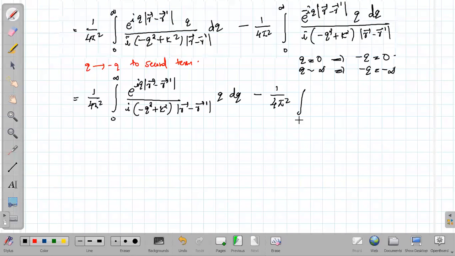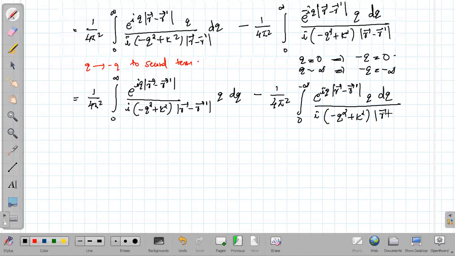So the limit would be 0 to minus infinity, and here it becomes exponential of, instead of minus iq, plus iq modulus of r minus r prime, minus q, minus dq, that would be same as q dq divided by i times minus q square plus k square modulus of r minus r prime.